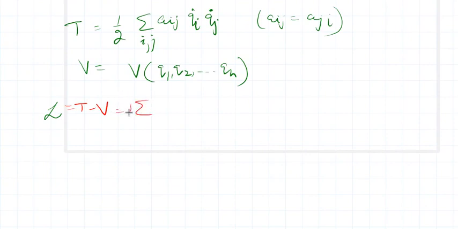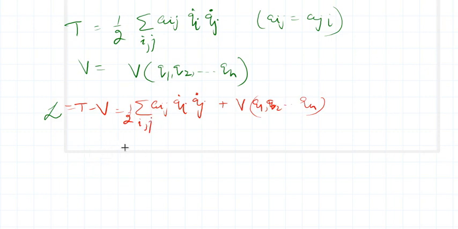So it is 1 by 2 Aij Qi dot Qj dot plus P of Q1, Q2 and so on up to Qn, with summation over i and j. Let me open up this summation.